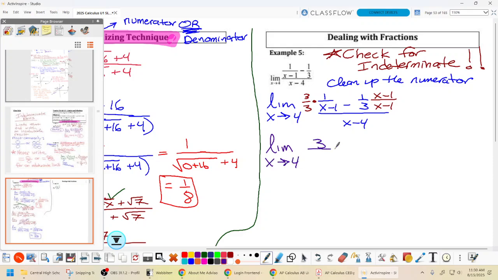And we'll get 3 over 3x minus 3, minus x minus 1 in parentheses so you don't mess up the sign. And I'm just going to write the denominator one time. So questions on where I got that from?